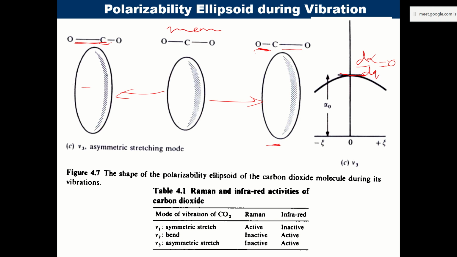The changes are exactly the same, so d alpha by dq will be 0.